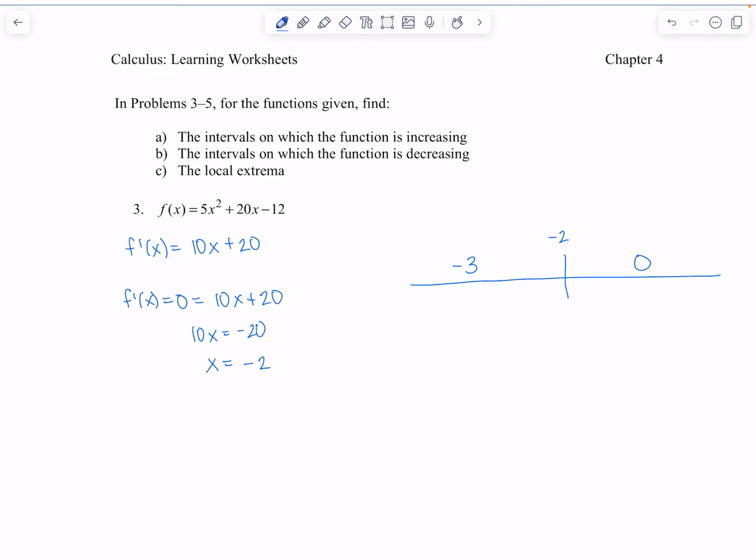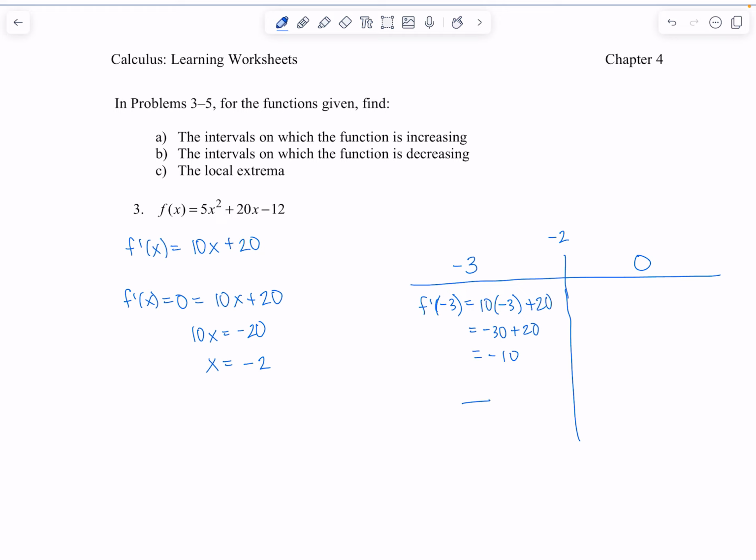So if we plug in -3, we'll have 10 times -3 plus 20, which will give us -30 plus 20, which will give us -10.